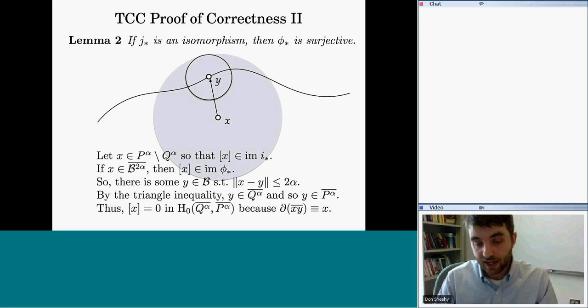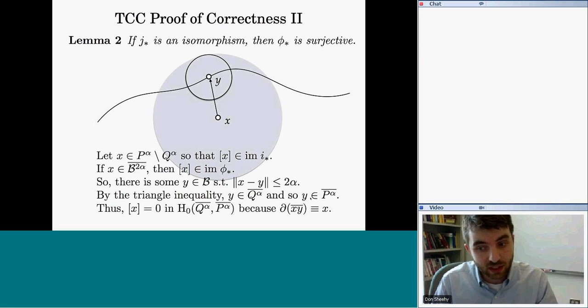But since x is not in Q3 alpha, it means that this ball of radius 3 alpha, this big ball, is empty of points of Q, and so the smaller ball of radius alpha around y is then also empty of points in Q. That's just the triangle inequality. And so y is in Q alpha bar. But that means that y must be in P alpha bar.